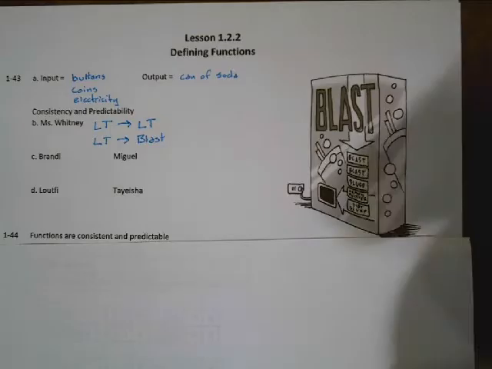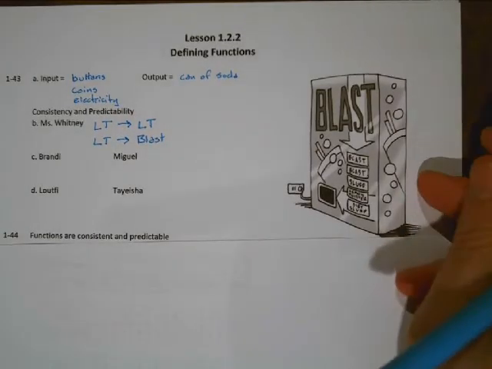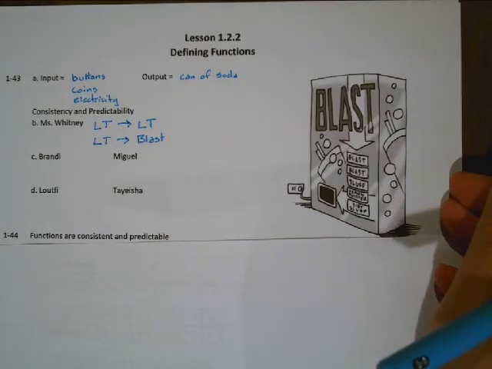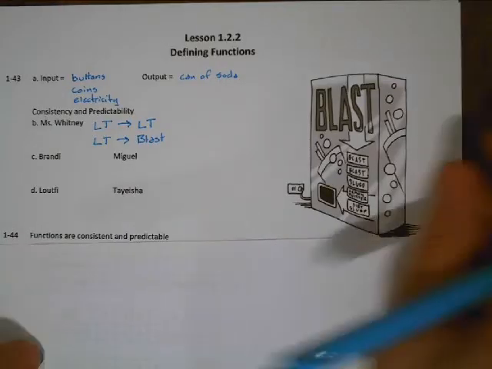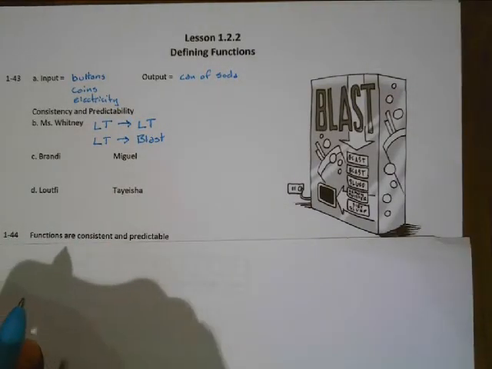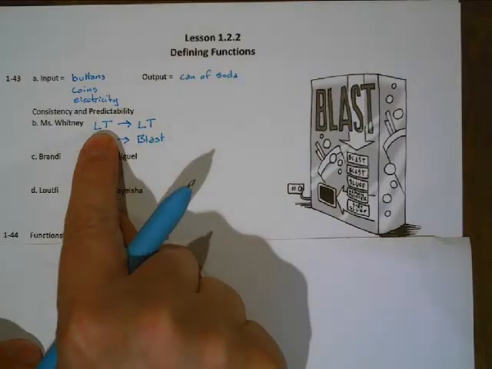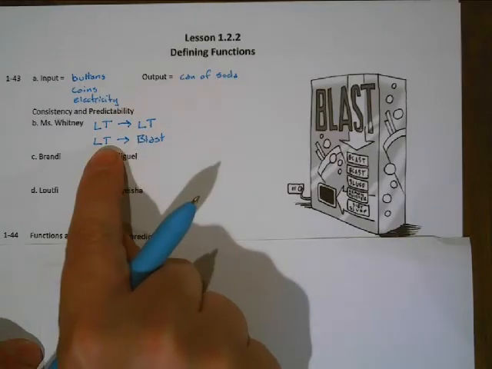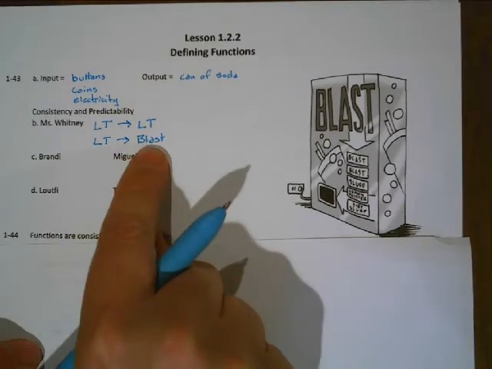Now we have to ask ourselves, is that machine functioning consistently? Are there predictable results when she does an action? Can she predict what's going to happen? In her case, this is not consistent. Sometimes when she pressed the button for lemon twister, she got lemon twister. The second time, she pressed the button for lemon twister and got blast.